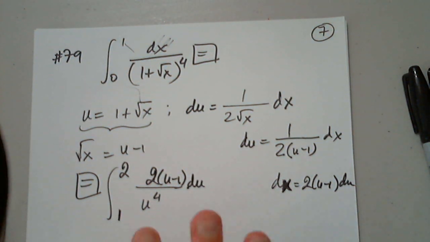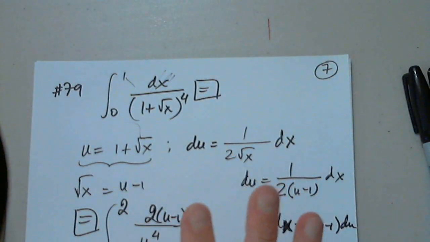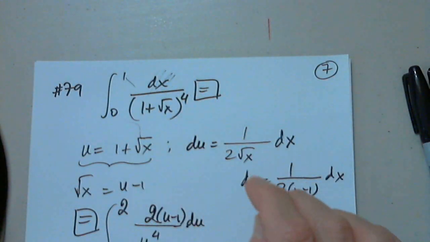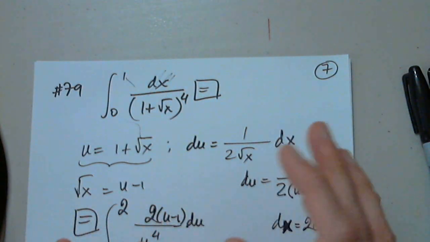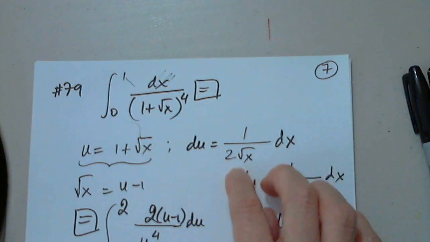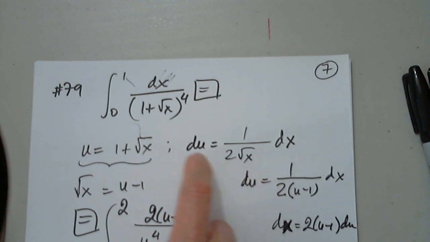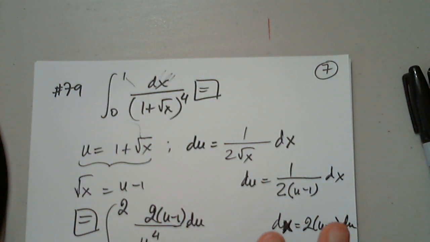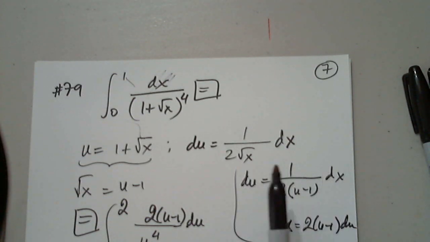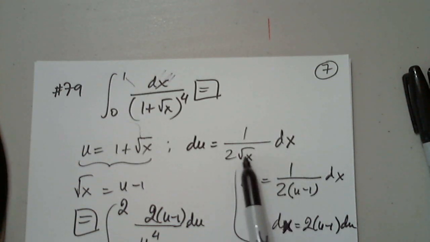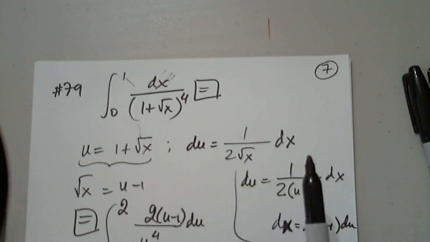So this particular problem was a perfect pick, but I had to work a little bit harder because I did not have any 1 over the square root of x laying around somewhere. For that reason, I had to go through these steps. Number 1, I had to replace the square root of x somehow because I cannot have x and u in the same integral.